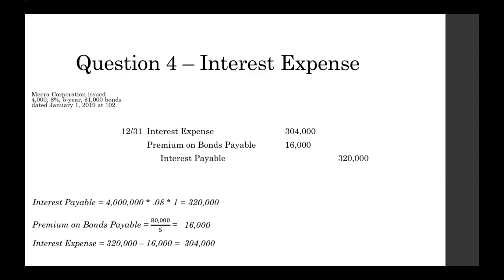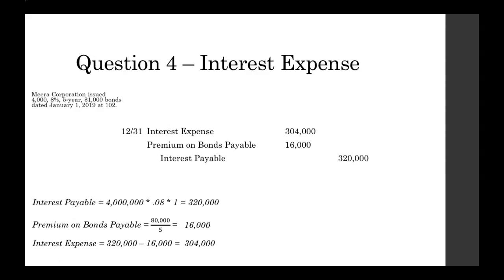It's important to remember that it's your interest payable that you calculate using the interest formula. You do principal times rate times time, and that gives you your interest payable amount, not your interest expense amount. Why is that? Because in this next part, we are now going to have to pay the interest.